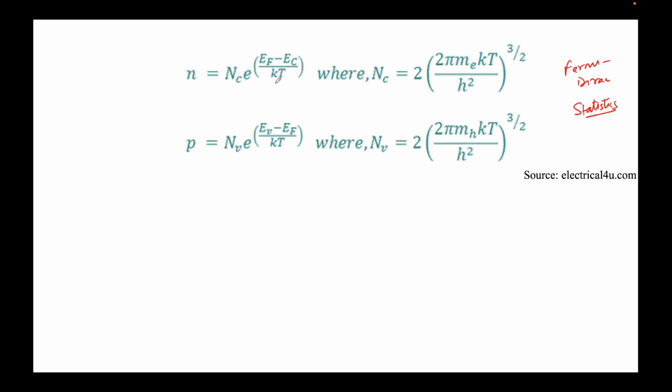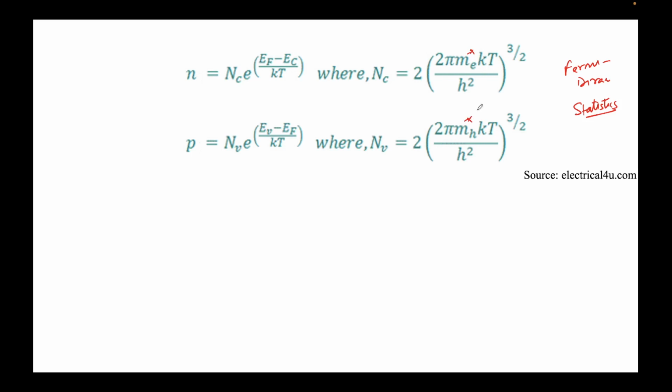But anyways, this is the formula for that. So effectively, electron concentration depends exponentially on the difference of Fermi level and conduction band. Similarly, hole concentration depends exponentially on the difference between valence band and Fermi level, and also on the temperature. And this is a constant, which again is temperature and effective mass dependent. Me, this is actually me star. So sorry for that.